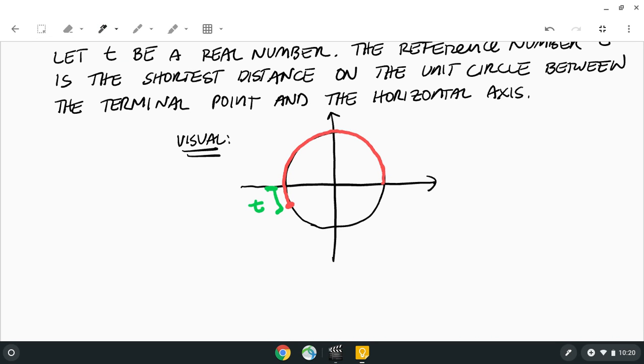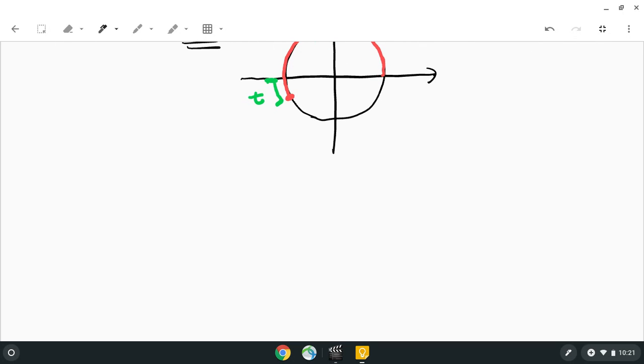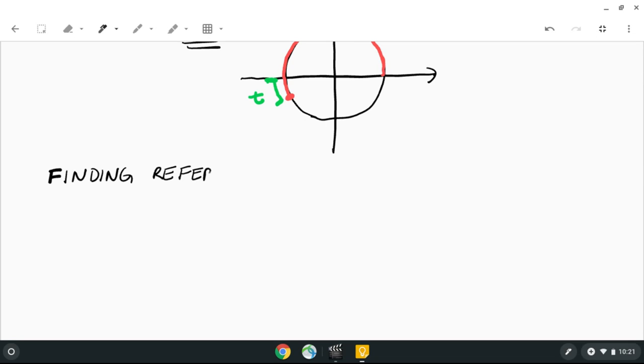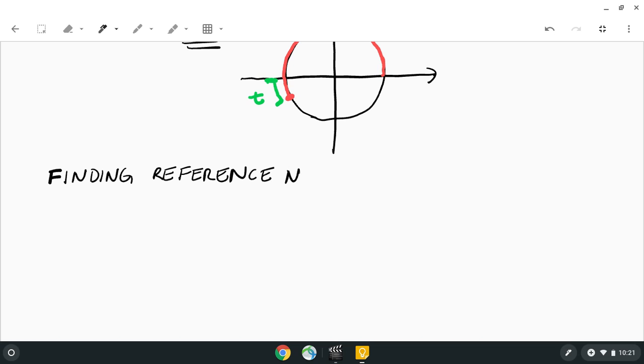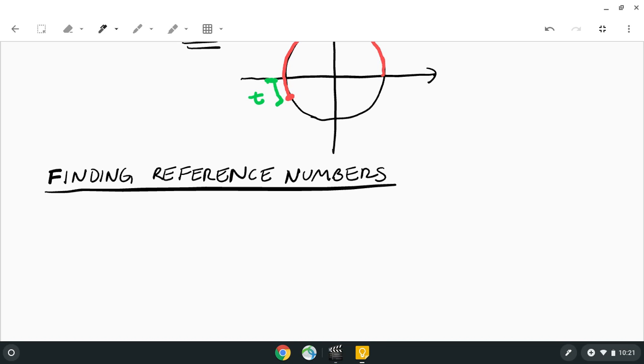Let me get my black ink. So, finding reference numbers. Let's take a look.